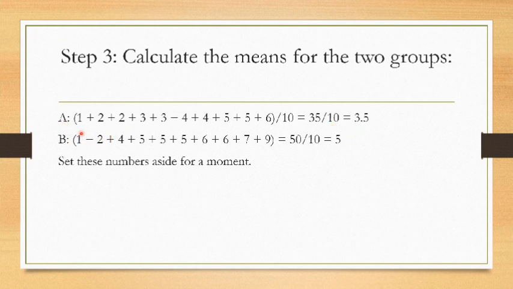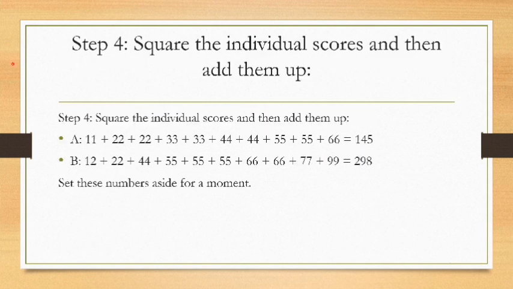So sa set B naman we have 1 plus 2 plus 4 plus 5 plus 5 plus 5 plus 6 plus 6 plus 7 plus 9 is equals to 50 divided by 10 is equals to 5. Set this number aside for a moment. So mamaya makikita natin yung purpose niya, kapag nilagay na siya sa may formula.